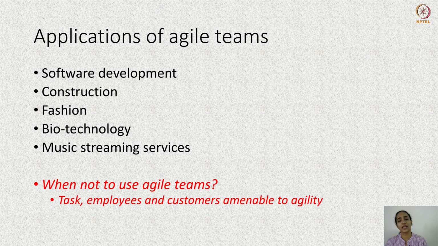The task, the employees, and the customers also should be amenable to agility. If the customers have a feeling that you should be using extensive documentation and you should be showing proof of all the steps that you have taken in completing the task, then it is going to be very difficult to convince them that agile is the way to go.